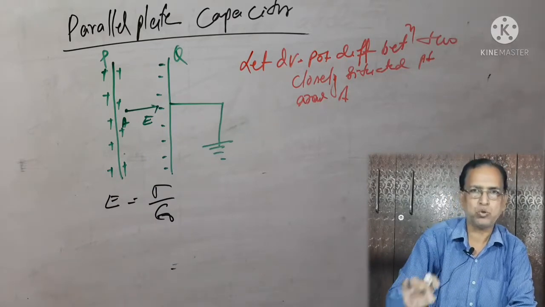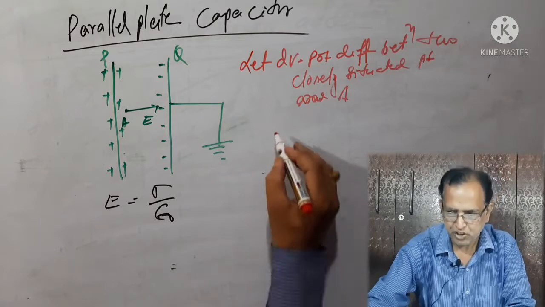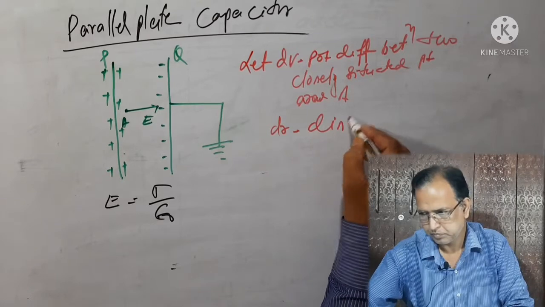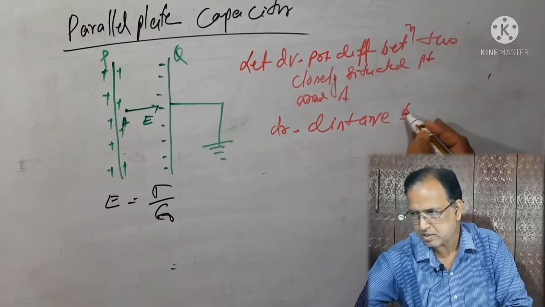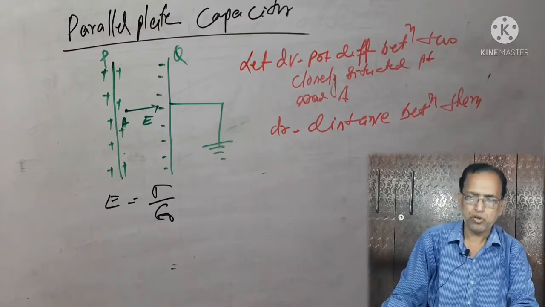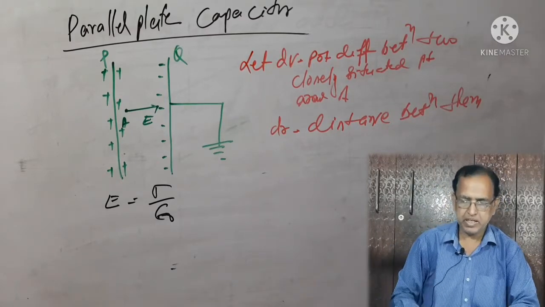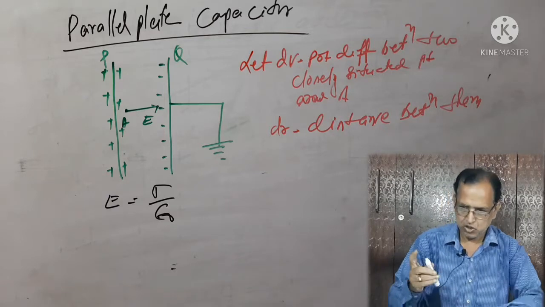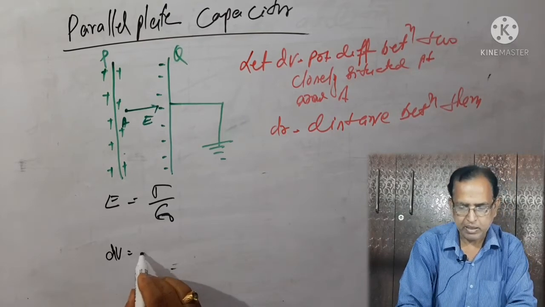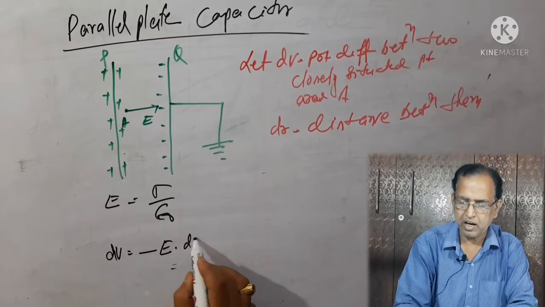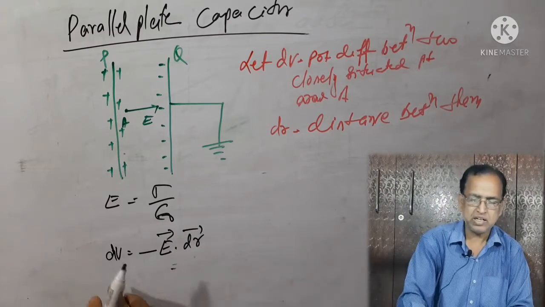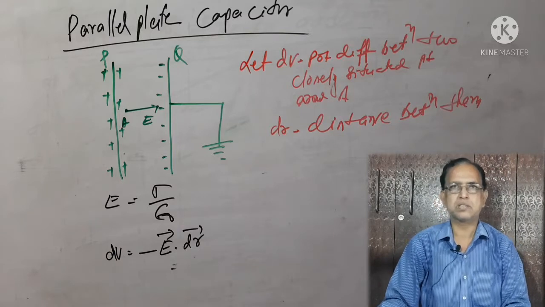The potential difference of those 2 points is dV, and dr is the distance between them. So, what is the potential difference between these 2 points? dV is equal to negative of E dot dr. E is the intensity, dr is the distance, dV is the potential difference.